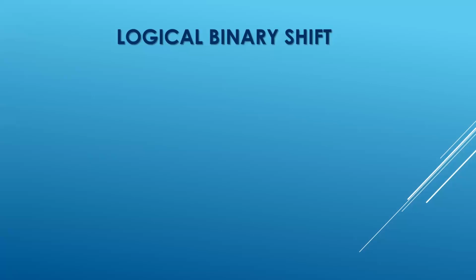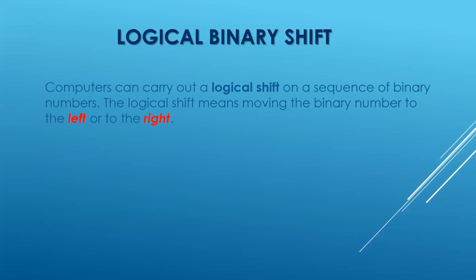Now, if I say shifting your home or shifting your school or whatever, here what we mean is we are given a binary number and we will learn what is the effect if the binary value is shifted by a number, either on the left-hand side or on the right-hand side.